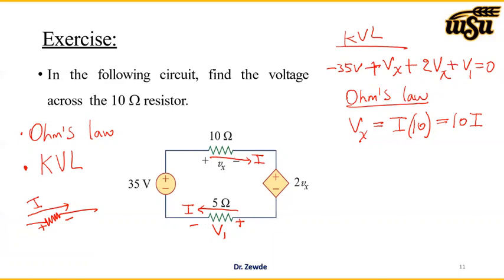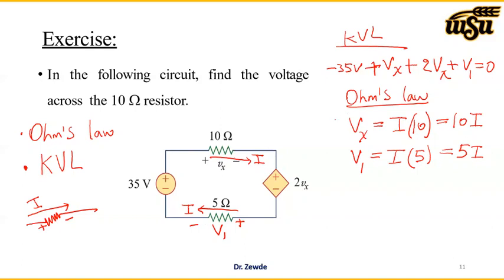It's just how we labeled it. So V1, the voltage across the 5 ohm resistor, is also equal to the current I times the resistance. In this case, the resistance is 5, so this is 5I. So Vx is 10I, V1 is 5I.